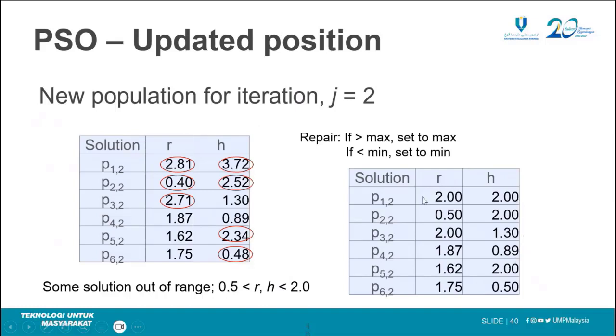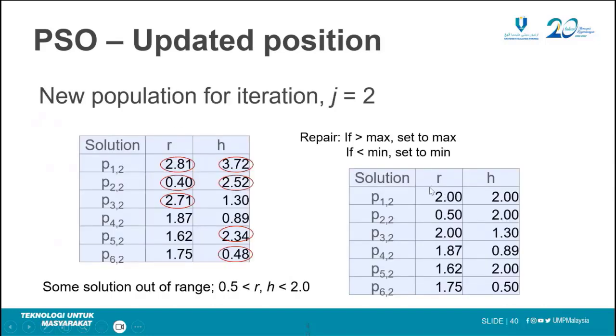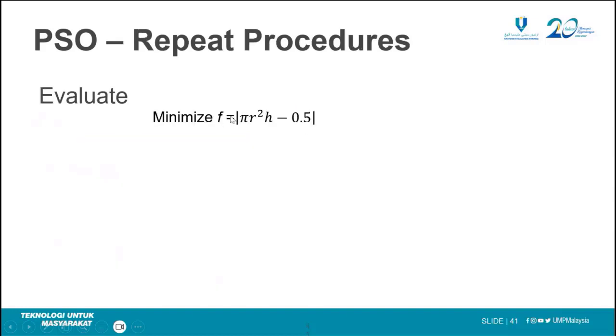the second population, or the second solution for the problem, and then it will be evaluated using the same fitness function. This means that the algorithm will fit these values into this formula and calculate our fitness function.